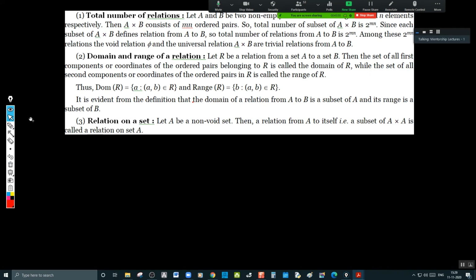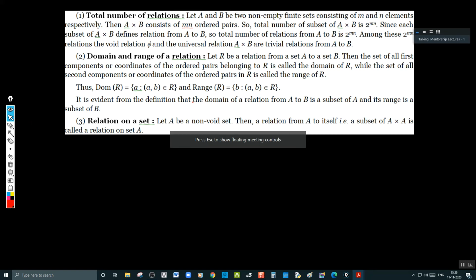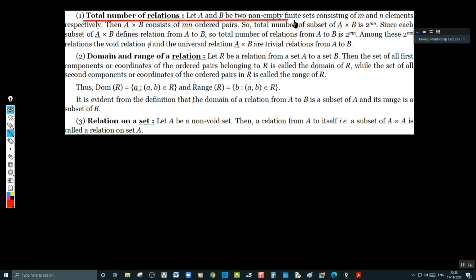Total number of relations. That's what just now I have explained to you. Let me read it again so that you will not forget. Let A and B be 2 non-empty finite sets consisting of m and n elements, respectively. Then A cross B consists of mn ordered pairs. So the total number of subsets of A cross B is 2 power mn.